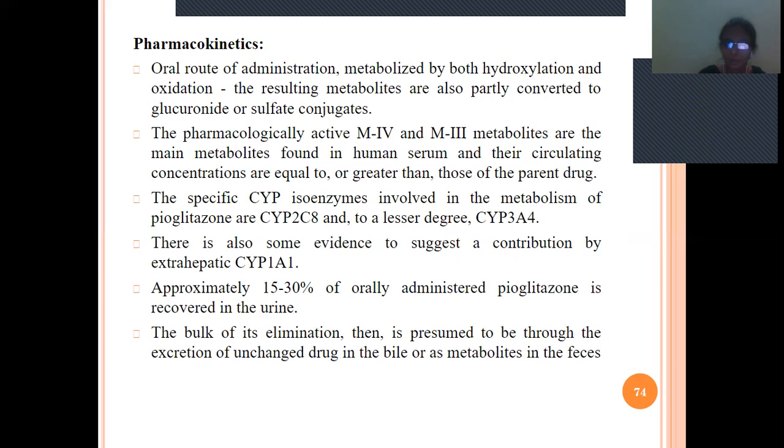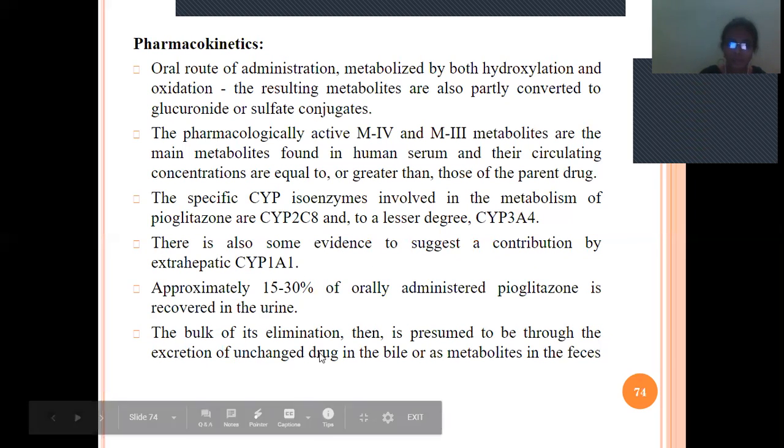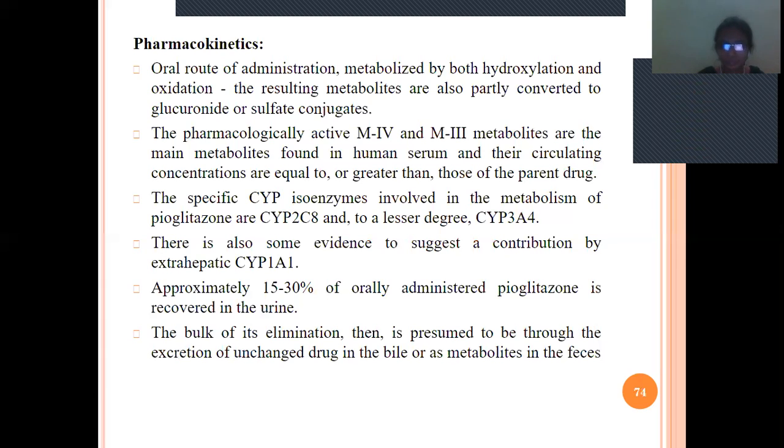It undergoes metabolism by cytochrome enzymes, the orally administered drug is recovered in the urine, and most of the drug is eliminated in unchanged form in bile or in the feces.